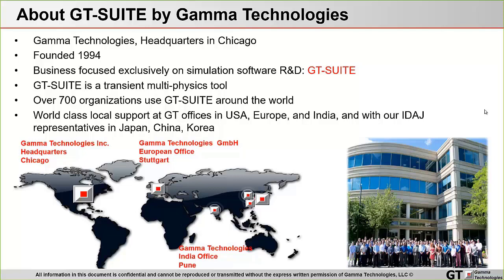Now, GT Suite is a transient multi-physics tool, and we'll get into a little bit more about what that means in a minute. Over the course of the last 25 years or so, we've had over 700 organizations around the world using GT Suite, so it's a world known tool, and it also comes with world-class local support, either here at our local GT offices in the US, or in our local office in Europe, in Stuttgart, or in India, in Pune.